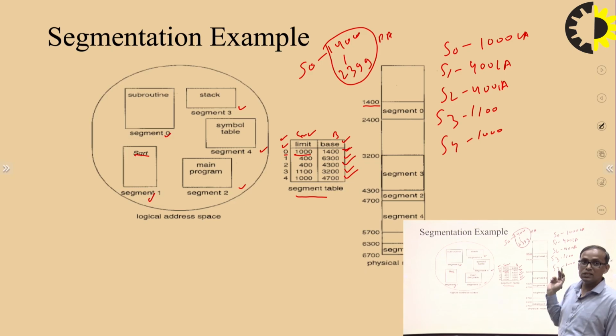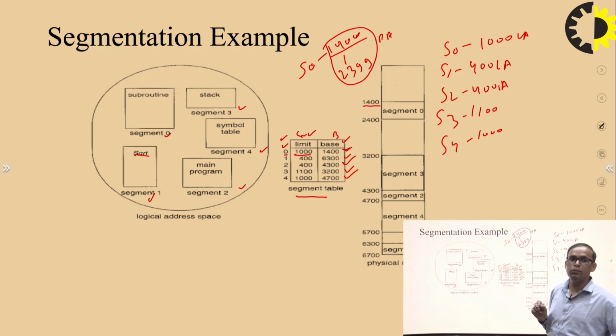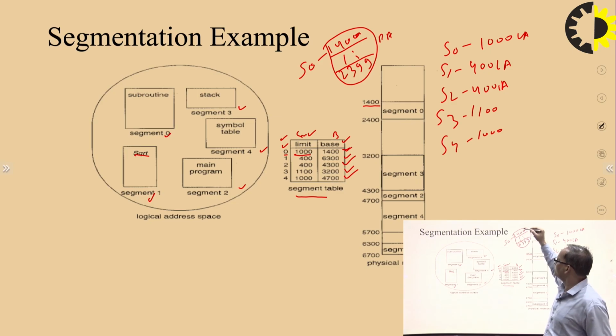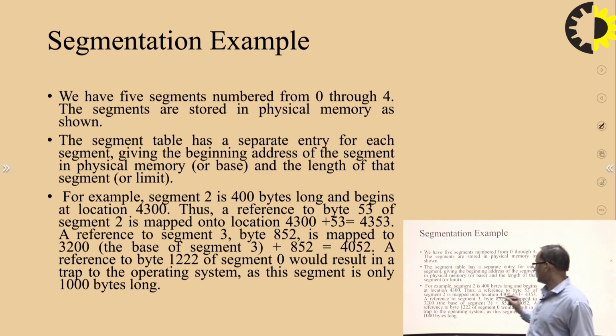Understand this very carefully: this is the first address which belongs to segment 0, and the size of segment 0 is 1000 logical addresses. So when we include this, the last physical address will be 2399. So 1400 is the first physical address for segment S0, and this is the last physical address for segment S0. Let us see with the help of an example.